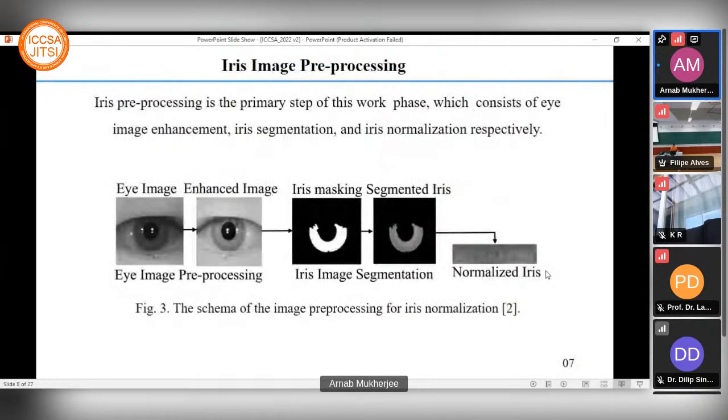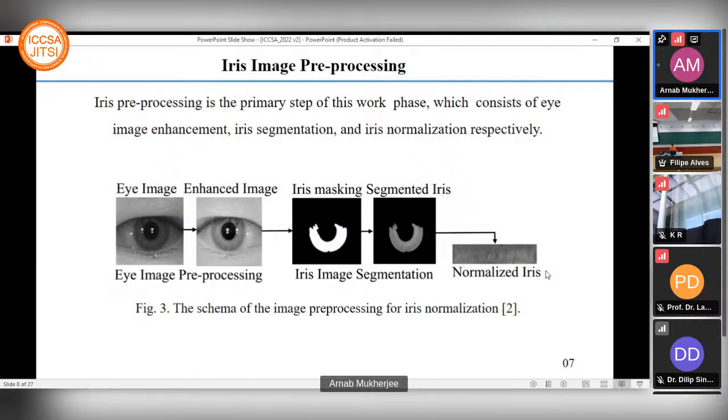Now, the first is iris image preprocessing. Iris image preprocessing is the first step of this work, which consists of iris image enhancement, iris segmentation, and iris normalization. The work adopts a single scale Retinex algorithm to enhance the image quality and reduce the effect of uncontrolled light sources.